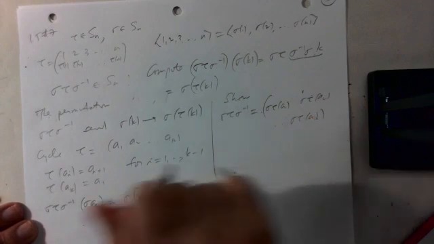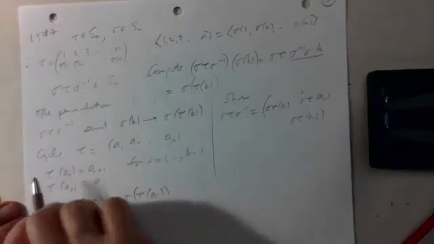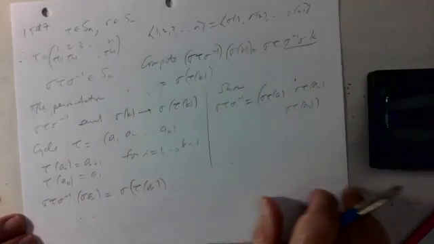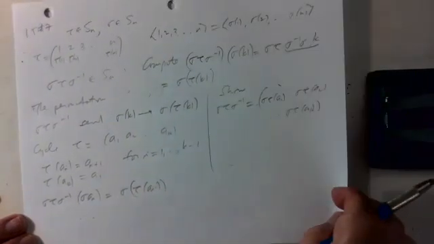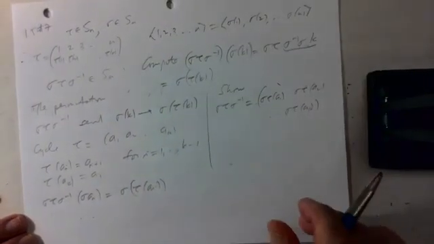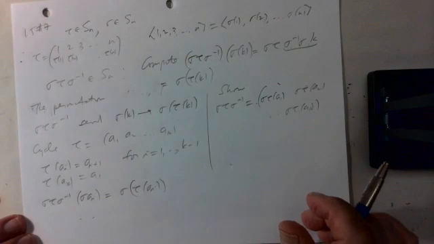How did I state the problem? Because I don't have the notes here. Prove that sigma tau sigma inverse is the k-cycle sigma A1, sigma A2 to sigma Ak.